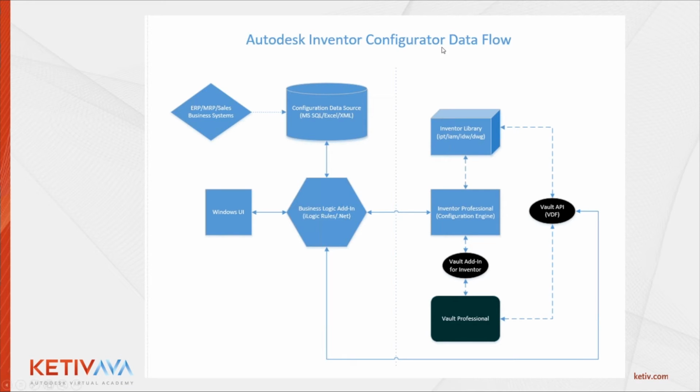So we have some sort of data source that we can either input directly, populating that data source ourselves, or we can have another business system populate that data source for us.